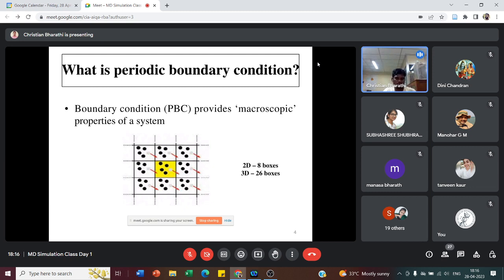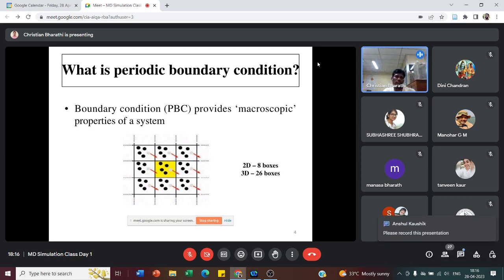So we are taking one protein, for example, for the dynamics, and in reality proteins are not alone. In solution, many more molecules are there. In the same way, in crystal form, protein is arranged periodically.